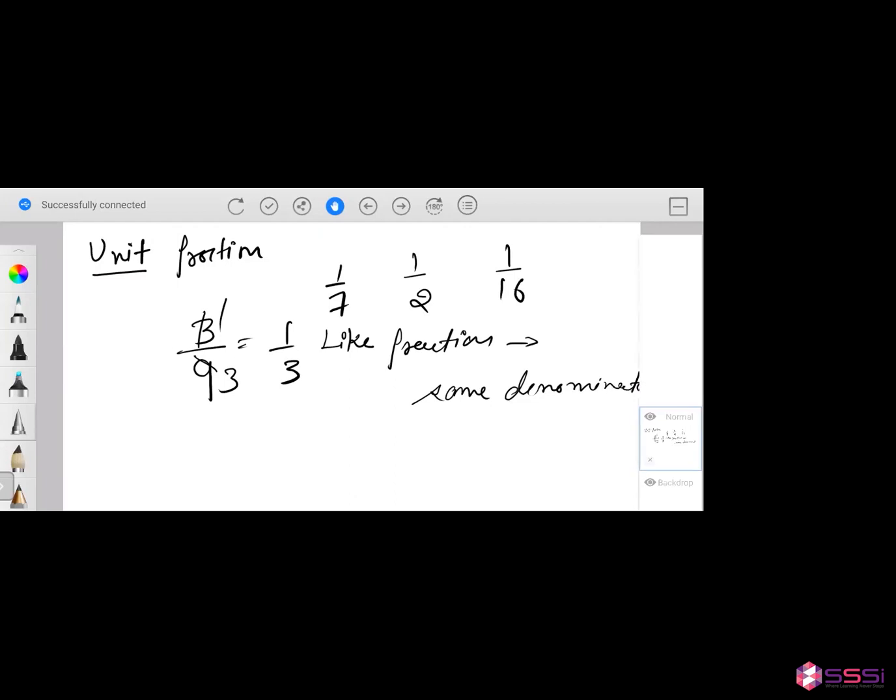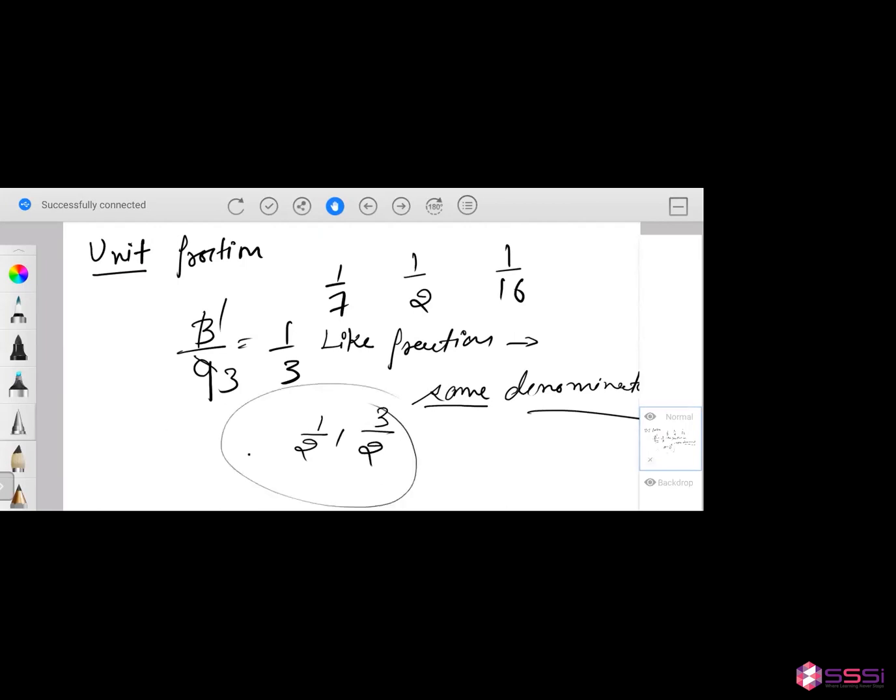Give me examples of it. Like 1 by 7, 3 by 7, 5 by 7 have the same denominator only. Okay, they are like fractions.